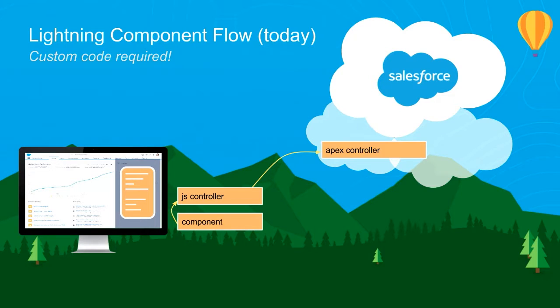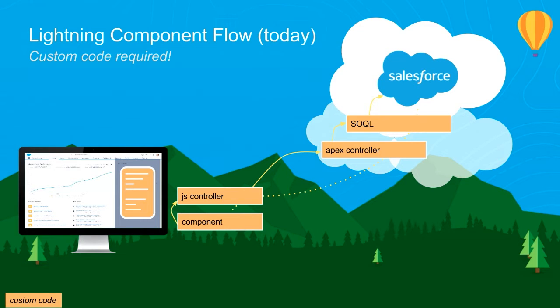Most likely in Apex you have a bunch of SOQL to do the initial loading and the saving, or the upsert, of your data. That talks to Salesforce and our infrastructure, and that flows all the way back. But every single one of these steps is custom code for you today.